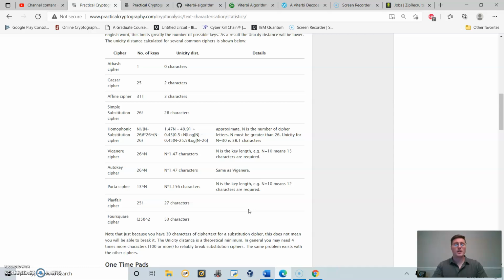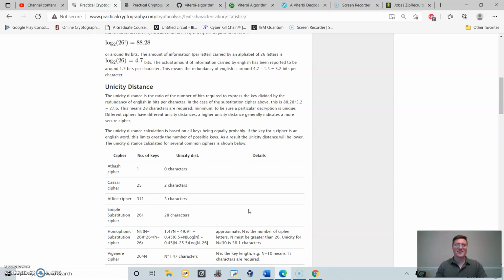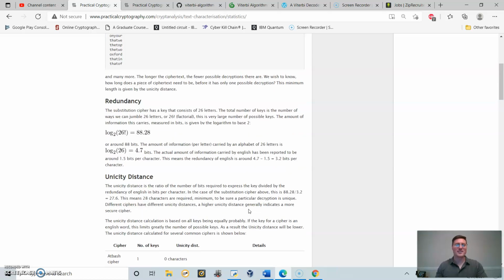Later on, I plan on extending SigCryptal to incorporate advanced mathematics for breaking modern day crypto systems, but it's going to take a lot of work, it's going to take a lot of effort, and it's going to be a lot of fun. So let's look at the unicity distance right now.